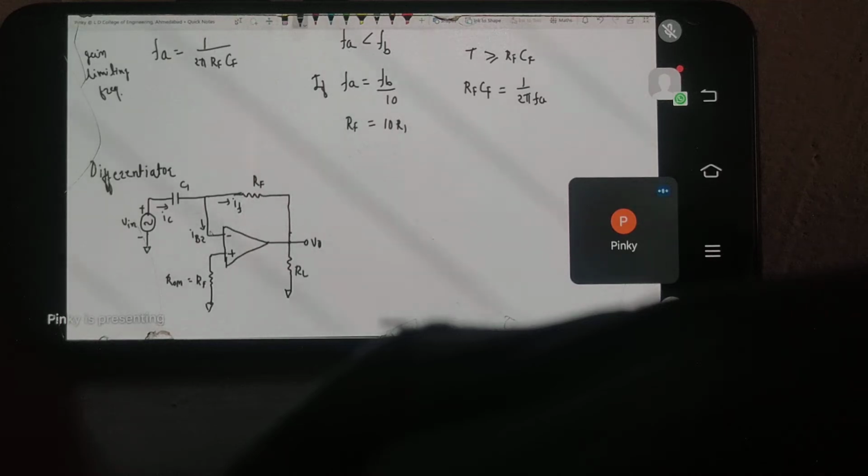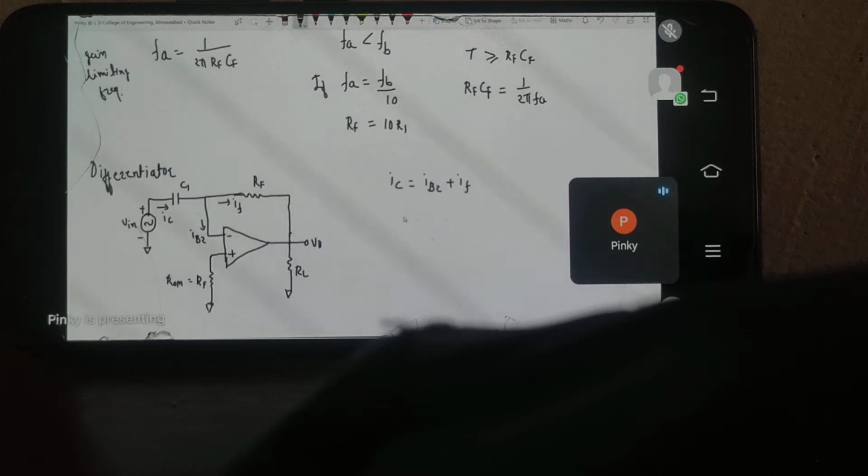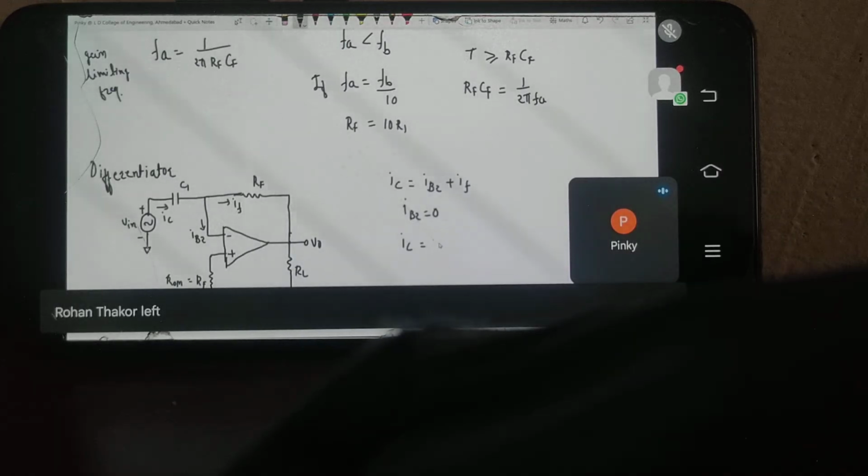By applying KCL. So if you apply KCL, what will come? IC is equal to IF plus IB2. Okay. Then next, what do we have to assume? IB2 is 0, so my IC is equal to IF.